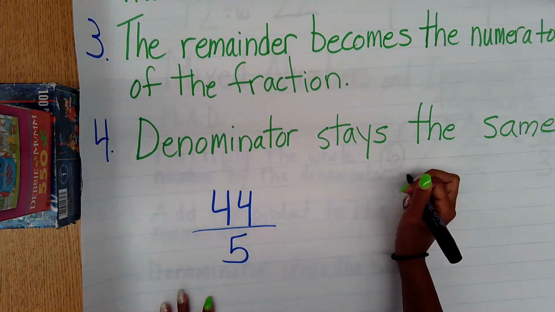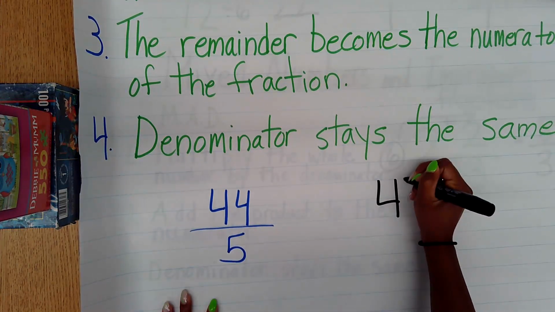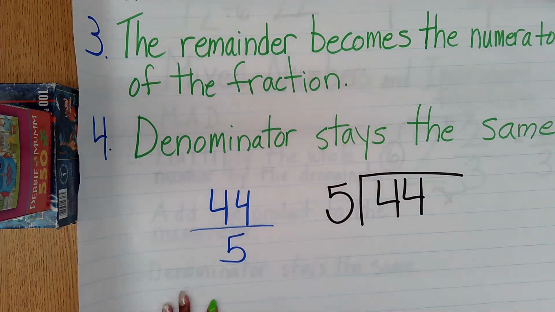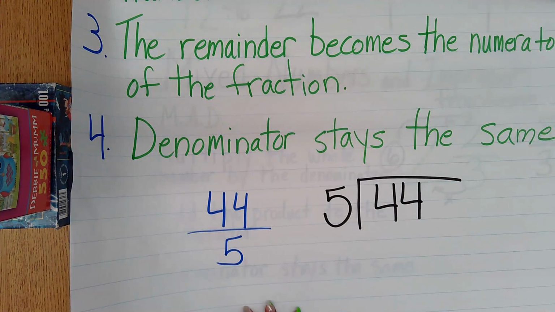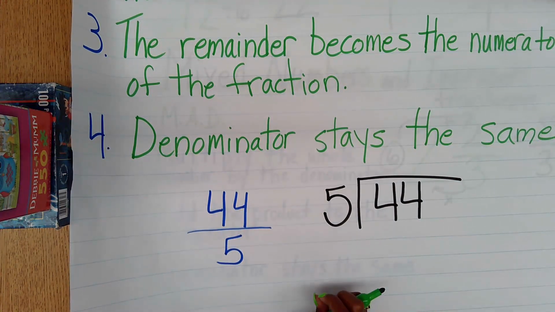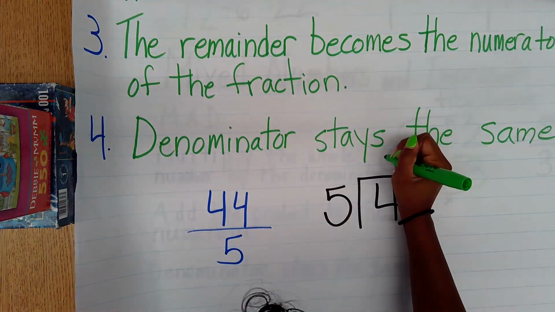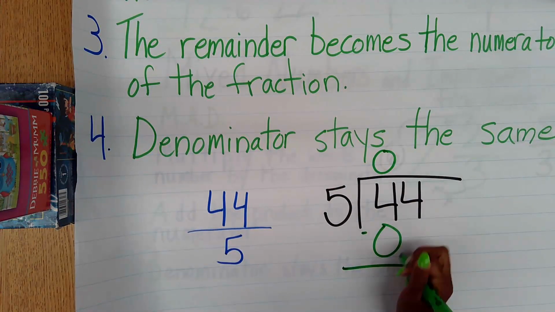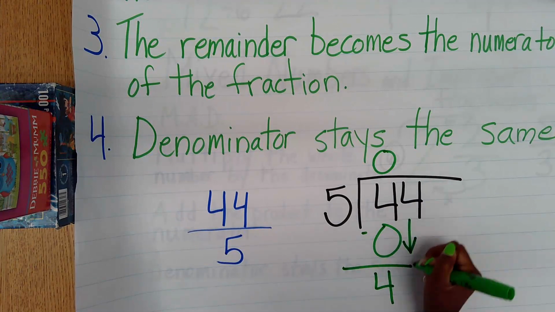So I can set up my division equation. 44 is my dividend, 5 is my divisor. So then I can take 5. I know that 5 cannot go into 4. 5 times 0 is 0. 4, bring down my 4.